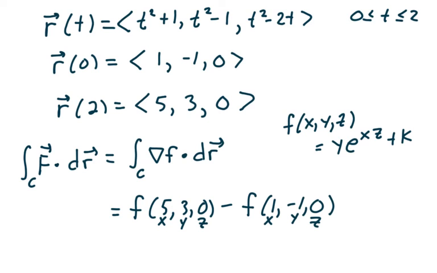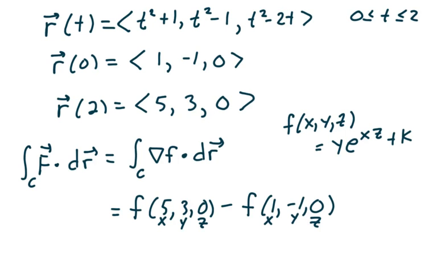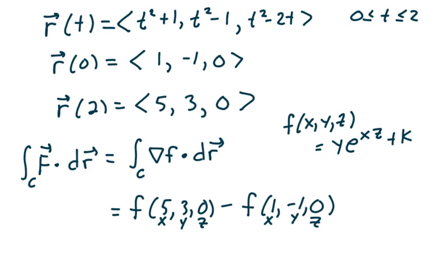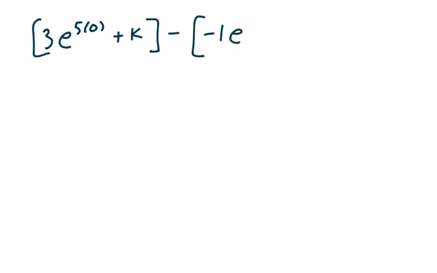So plug in. I get 3e to the 5 times 0 plus k minus, I'm going to get negative 1e to the 1 times 0 plus k.